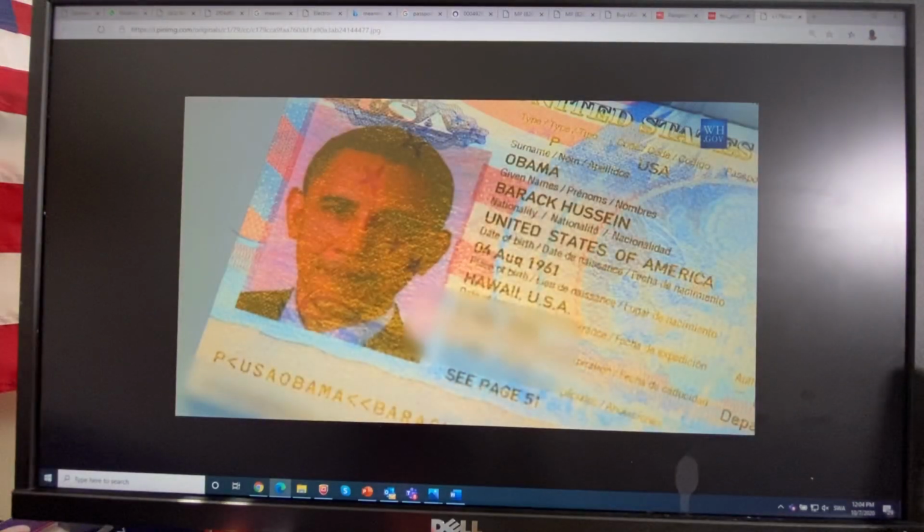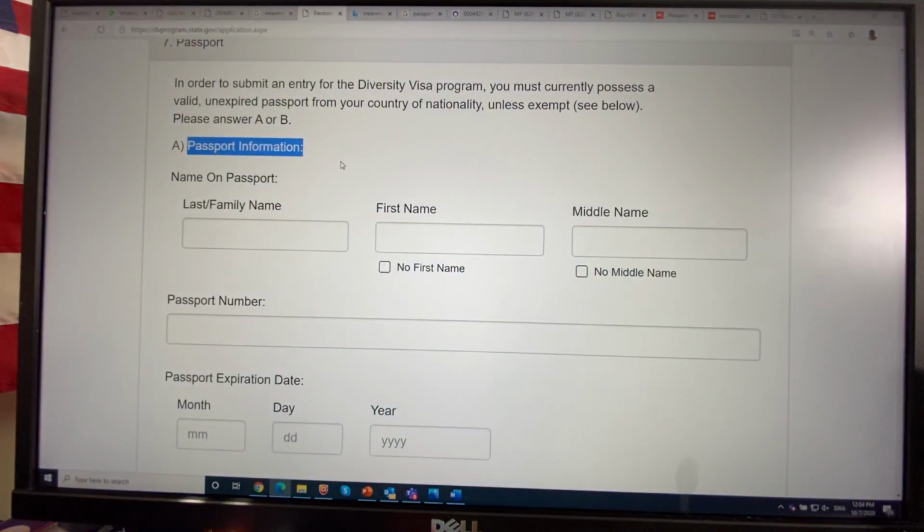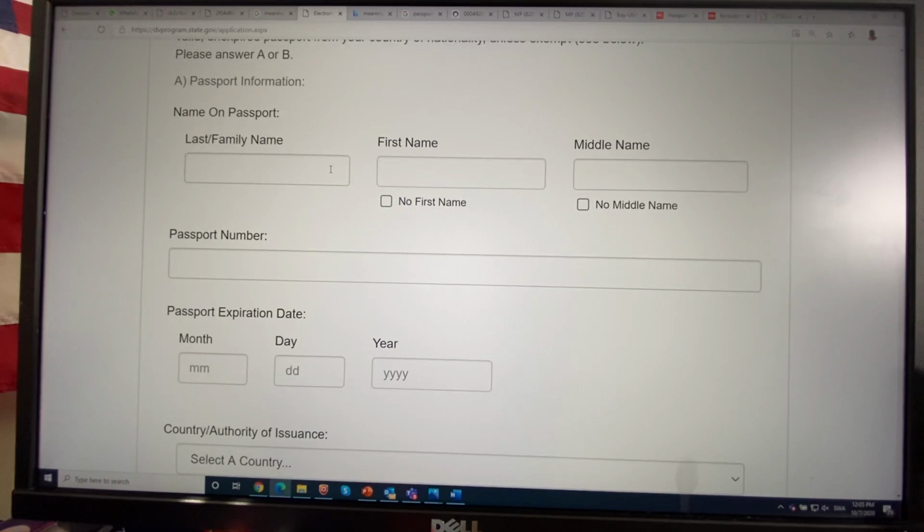As I've shown, Barack Obama's name is Barack Hussein Obama, but the birth certificate shows Barack Hussein Obama II. So sometimes you might have other things in the birth certificate versus the application itself or the passport itself. So make sure you put the names as they appear.